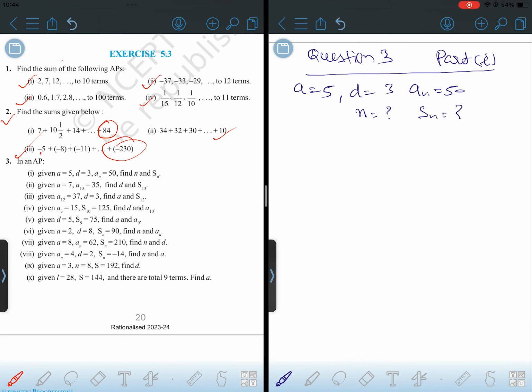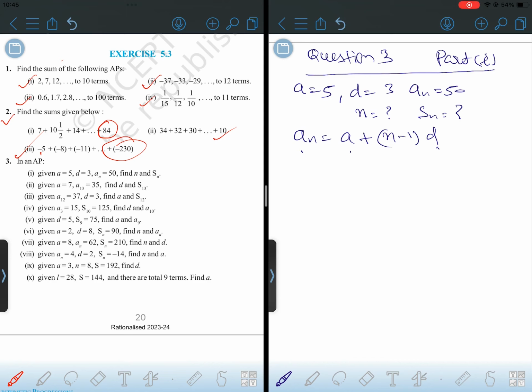Because we are given An, we can use the An formula, that is An is equal to a plus n minus 1 into d. Here we know An, we have a, we have d. Only thing unknown is n, so we can find that easily.